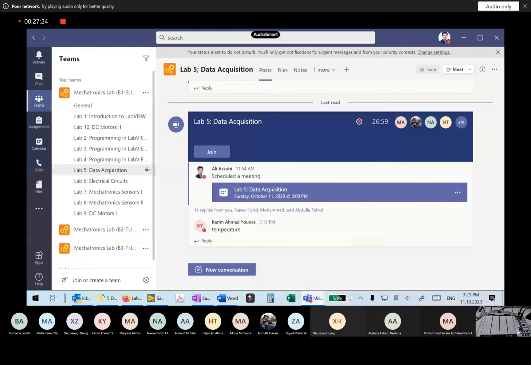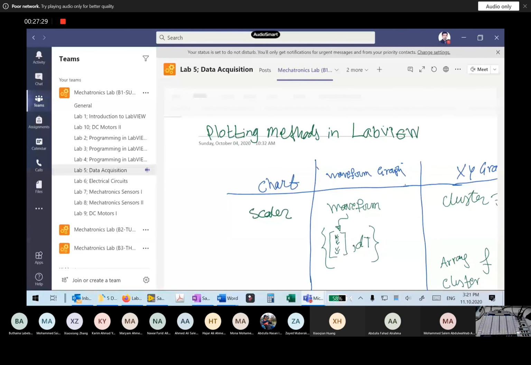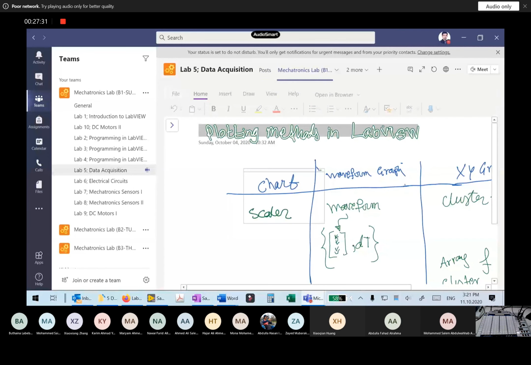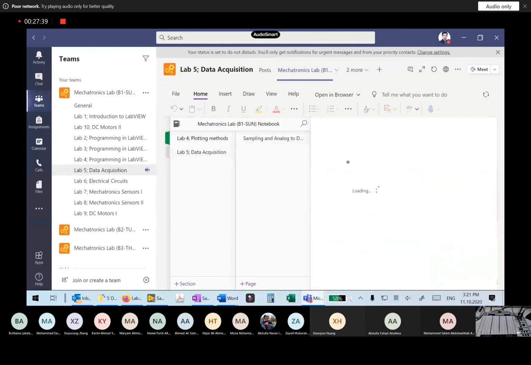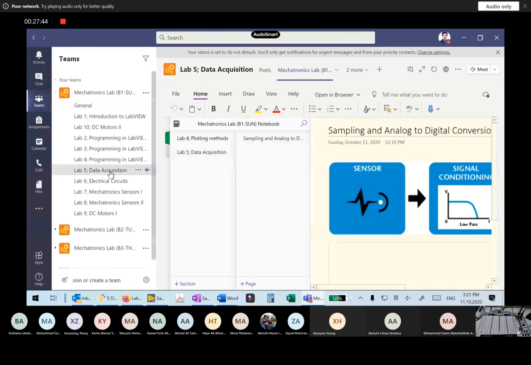If you open it, you can see whatever we write today. It is already synchronized with this tab.